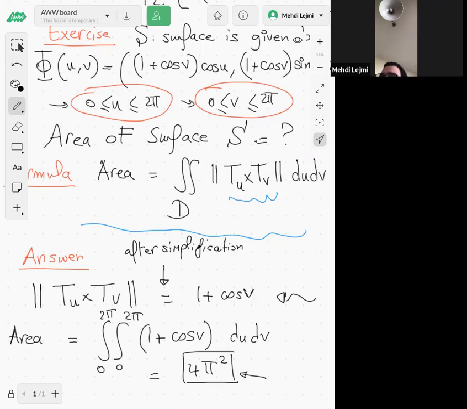If there's no questions about this areas thing, it's going to be in the homework. Anyway, I hope these examples help a little bit.